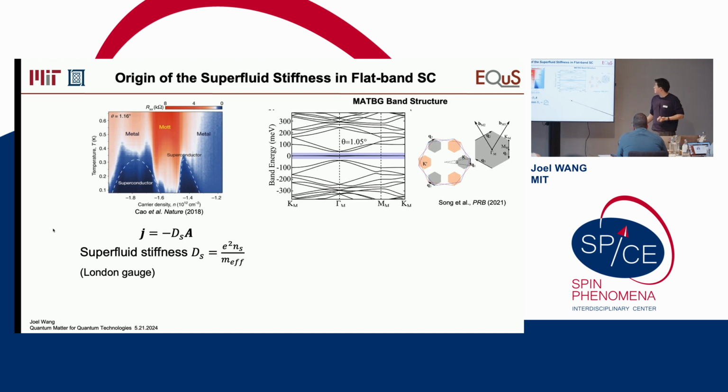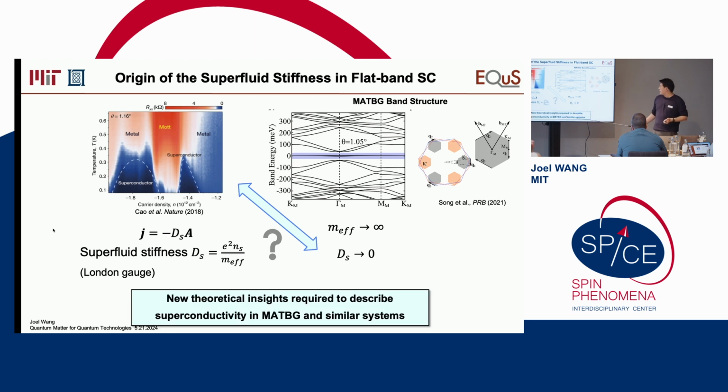However, this brings up a very interesting question. We know that these devices are flat band superconductors, and in a flat band or nearly flat band system, the effective mass becomes exceedingly large, and it actually diverges at the flat band limit. That would lead to zero superfluid stiffness, which is in very big contrast with the experimental fact.